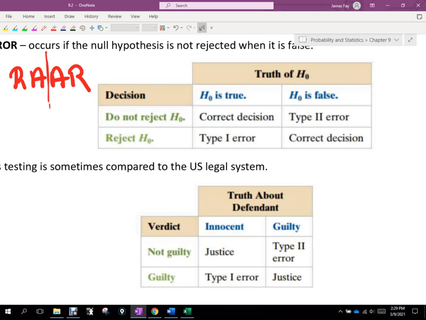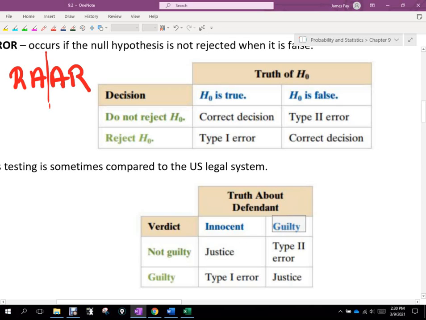We have an accepted truth until the data leads us astray, or leads us down a different path. So if somebody is innocent and the verdict is that they're not guilty, that's justice. That's what we want, and that's what we're hoping our statistics produce. It's basically saying that you made the right decision.